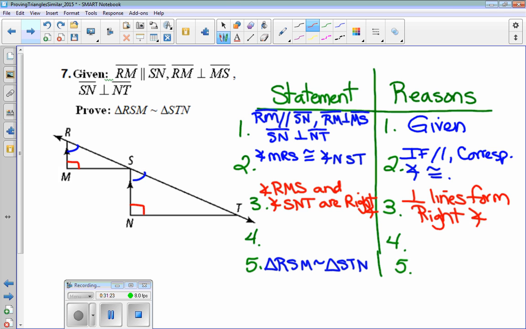It takes 2 steps for me to get from perpendicular to angles are congruent. I first have to say that the angles are right angles. Then I can say all right angles are congruent. So I'm going to say the congruent statement. Angle RMS is congruent to angle SNT.